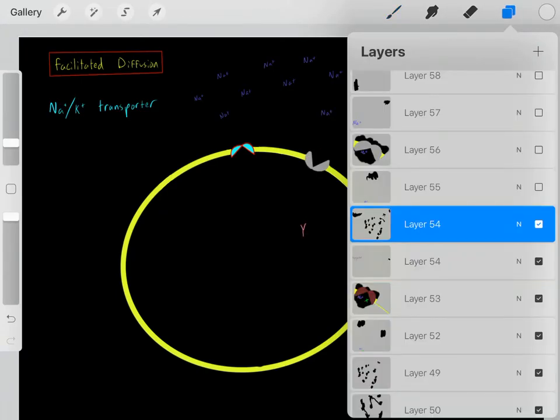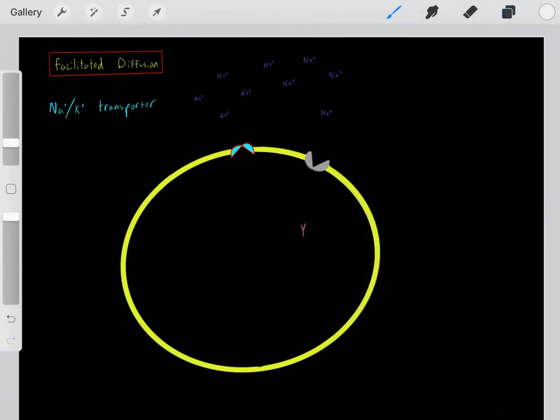But let's do another example. Again, let's say for whatever reason, we want to take this compound Y and push it outside of the cell. How can we do that? Well, remember, this sodium strongly wants to enter inside of the cell. So we can use that sodium entering inside of the cell and use that energy to push this Y outside of the cell, as long as we have the right carrier with the correct conformation and the correct structure.